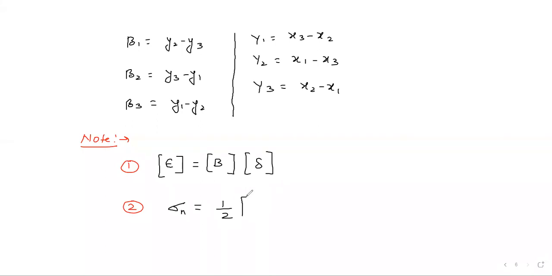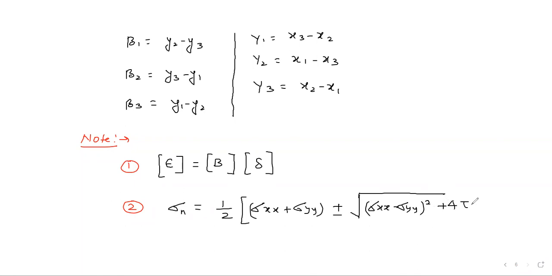Half into sigma xx plus sigma yy plus minus root under sigma xx minus sigma yy whole square plus 4 tau xy square.